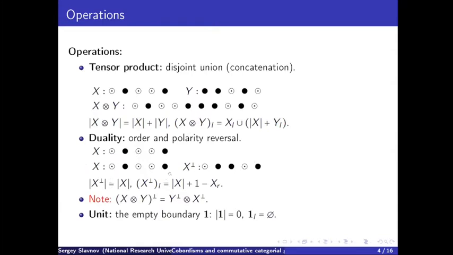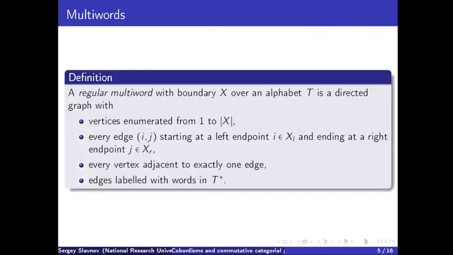We can see that there's a bijection between their points, which flips polarity and reverses the order. By the way, this duality flips tensor factors, and this should not suggest any non-commutativity. In fact, duality will commute with tensor up to a natural isomorphism. Yes, and there's the tensor unit, which is, of course, the empty boundary. And the next entity I call multi-words. So I first define a regular multi-word.